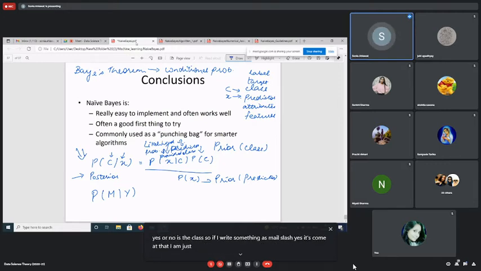That I am just calculating the posterior probability that the person is male provided it belongs to class yes. If I write something like this, then it is called the posterior probability that the person is female provided that the class belongs to no. Getting my point, class? Clear है यहां तक? Yes, first years. Is it clear to everyone?